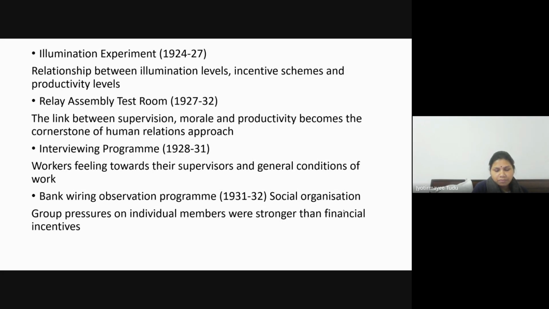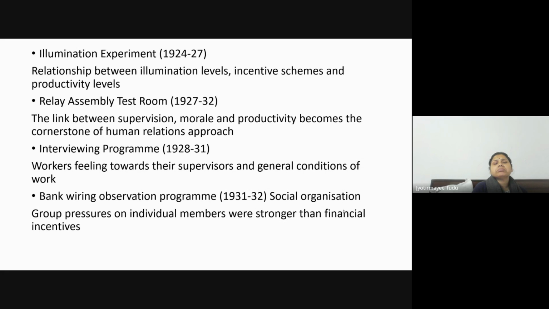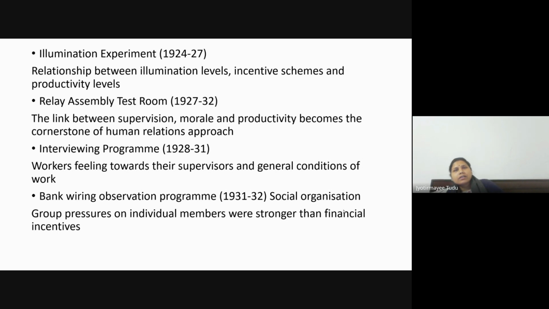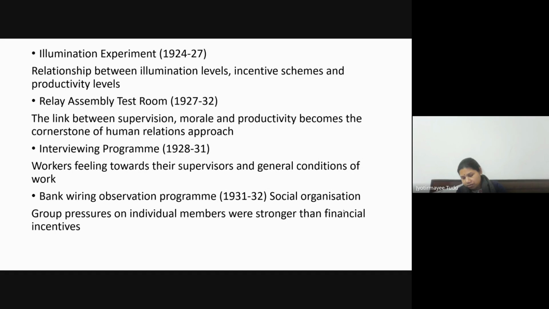These are the 4 phases through which the Hawthorne experiment was conducted, and it came up with the idea that if there would be better physical working conditions, automatically it matters in the productivity of the workers.